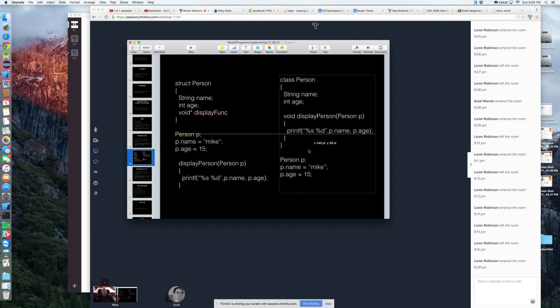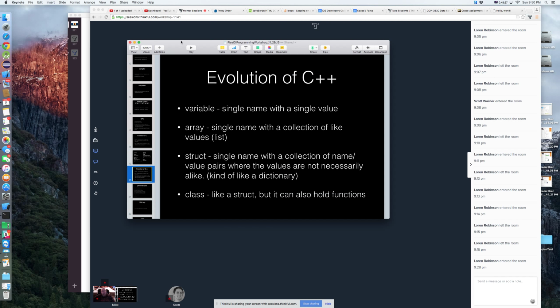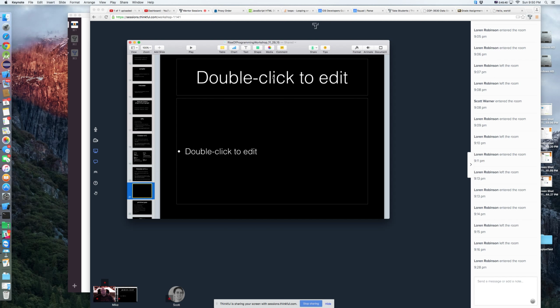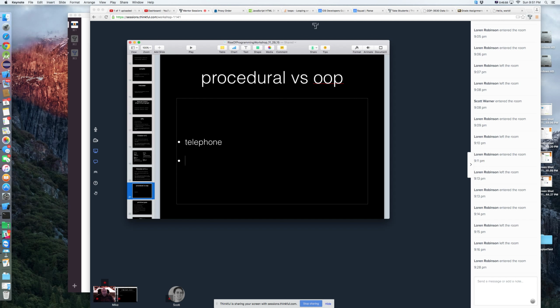Okay, and again, remember that the job of a programming language is to emulate the way human beings already solve problems. And to kind of put that into perspective, let's talk about procedural versus object-oriented, OOP. Because C was a procedural language. C++ is an object-oriented language. And I like to talk about this from the perspective of a telephone. The procedural telephone is a pile of wires where all of the details are exposed.